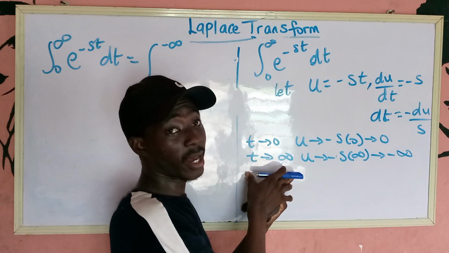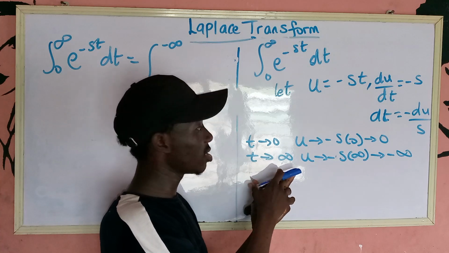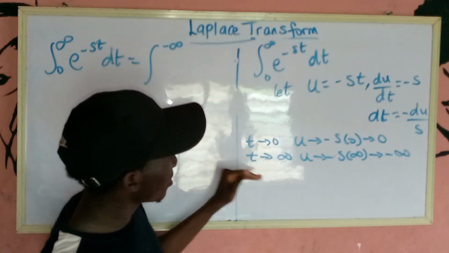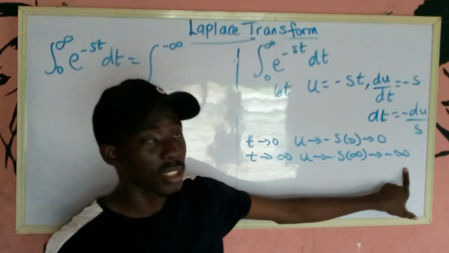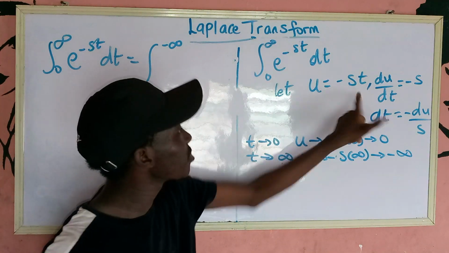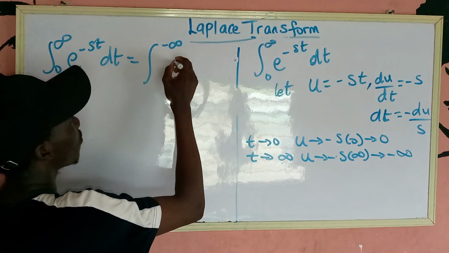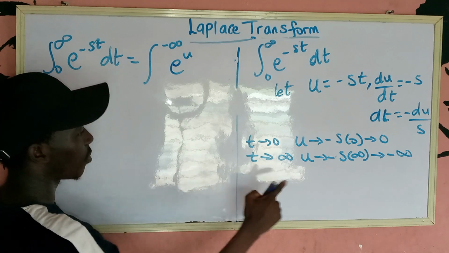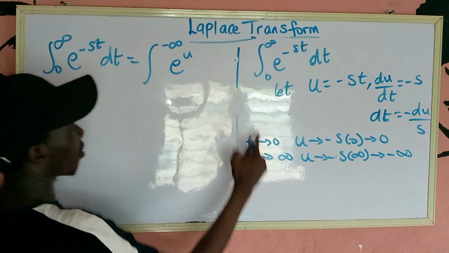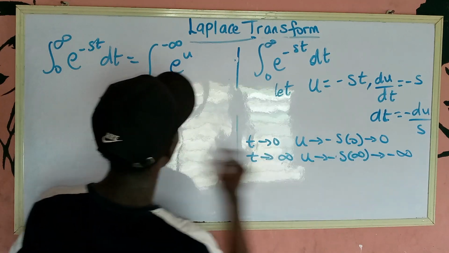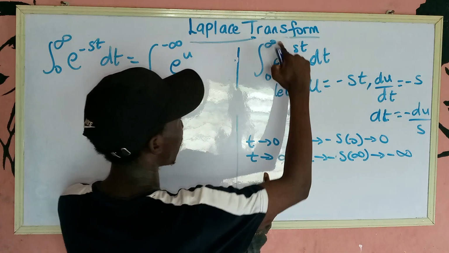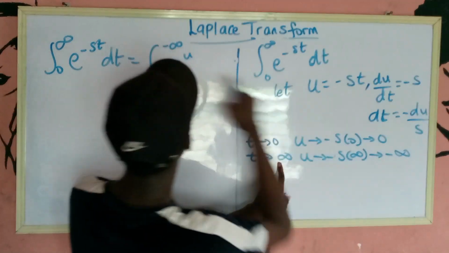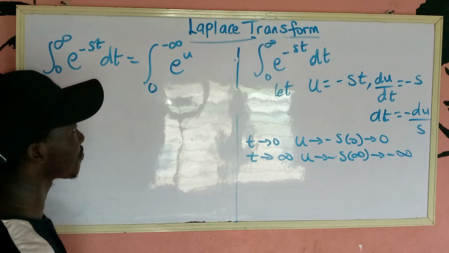But on this side, I made the substitution t equal to infinity, and as t approaches infinity, u goes to minus infinity, because my u is minus st. That means here will be e raised to power u. When t goes to 0, u goes to 0, and when t goes to infinity, u goes to minus infinity.